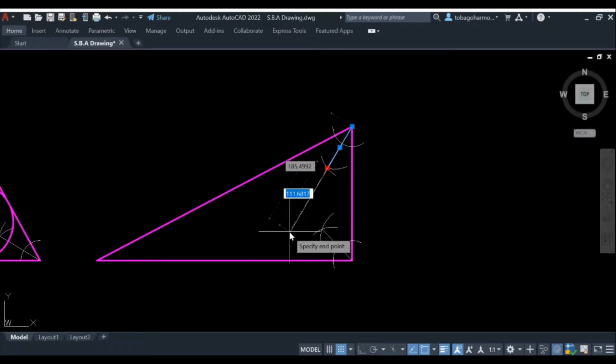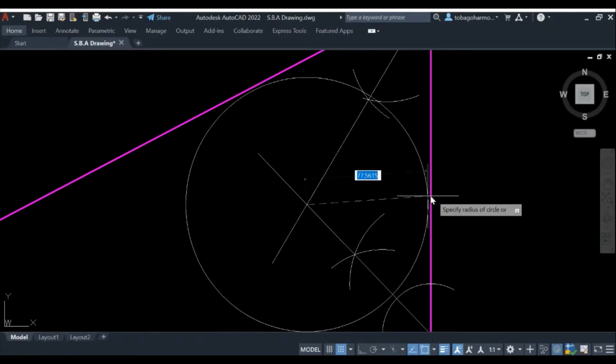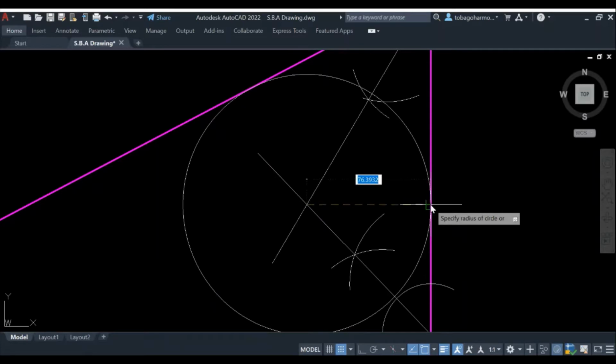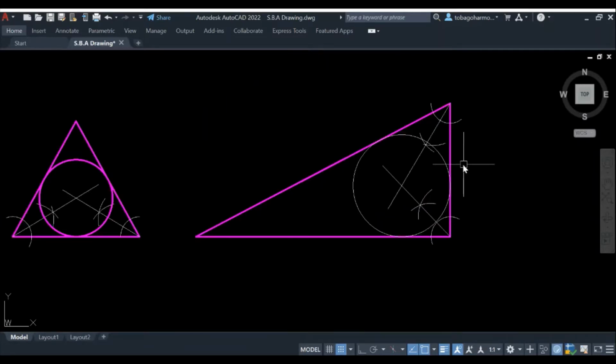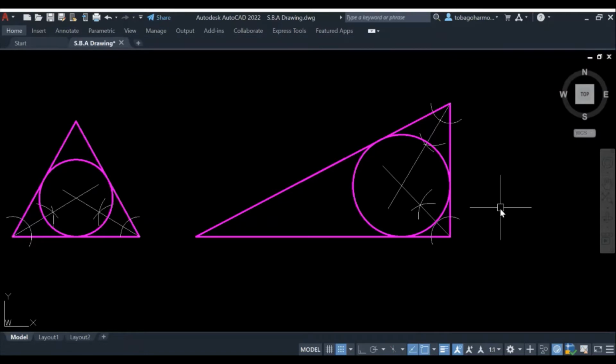And now I'm going to extend the bisecting lines so that they intersect with each other, just like this. Right, and this will give us the center of our inscribed circle. So using that as the center, you establish a radius with a perpendicular line, and that's it. As you can see, this circle is also perfectly inscribed inside of our triangle.